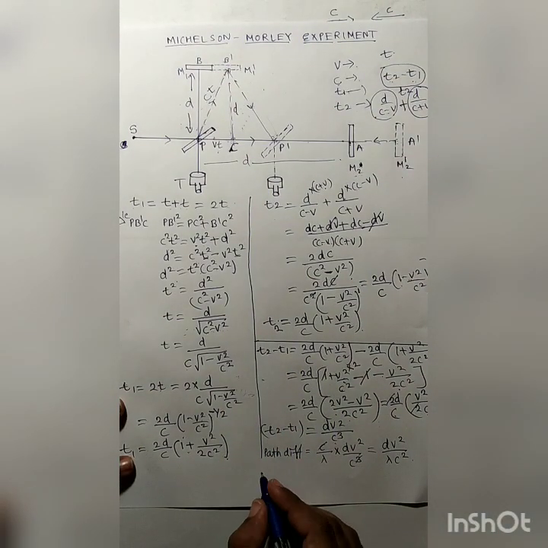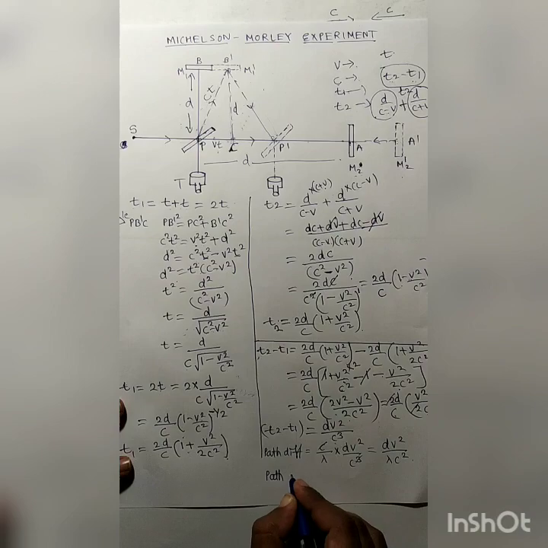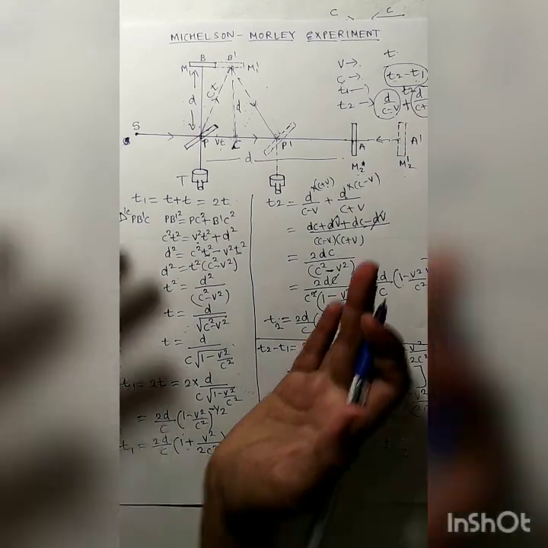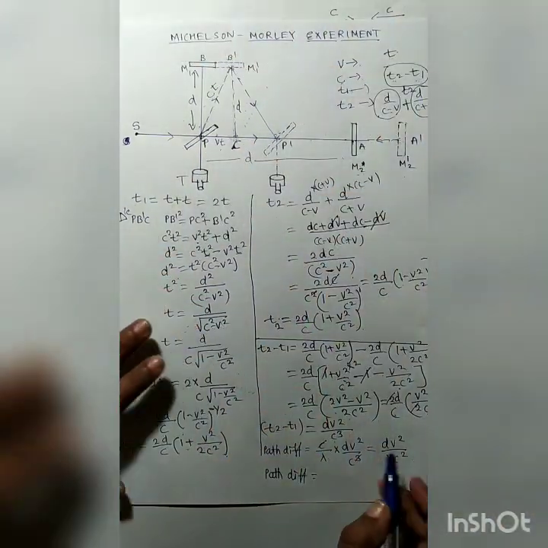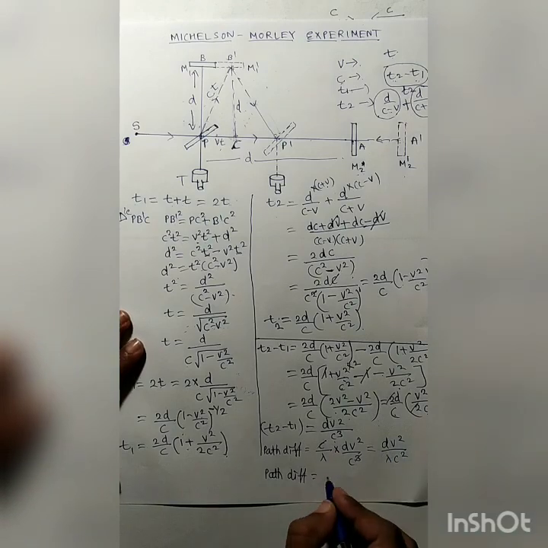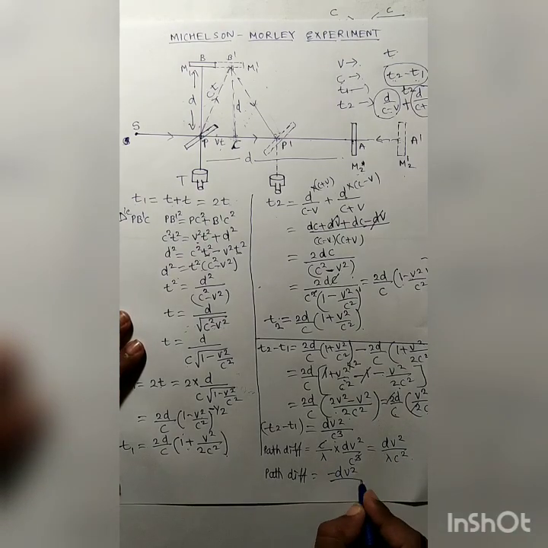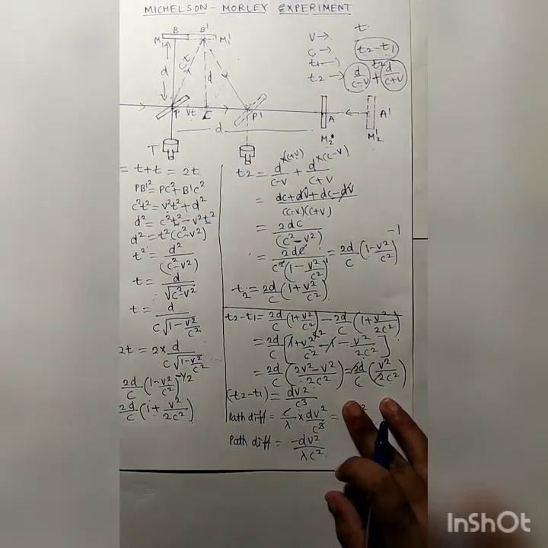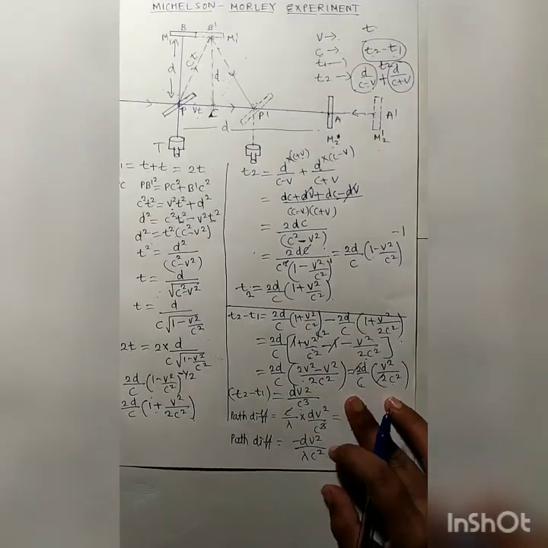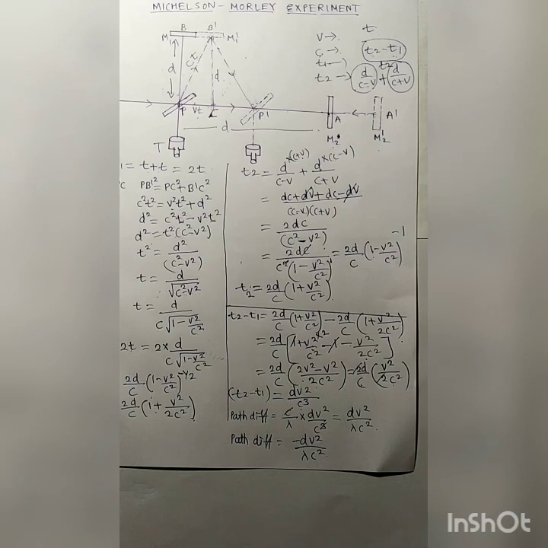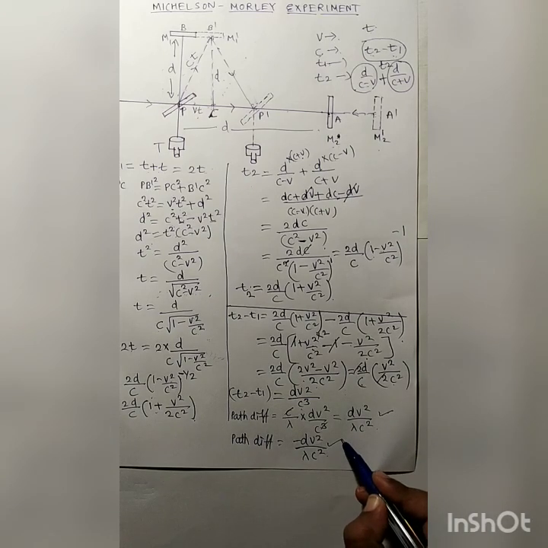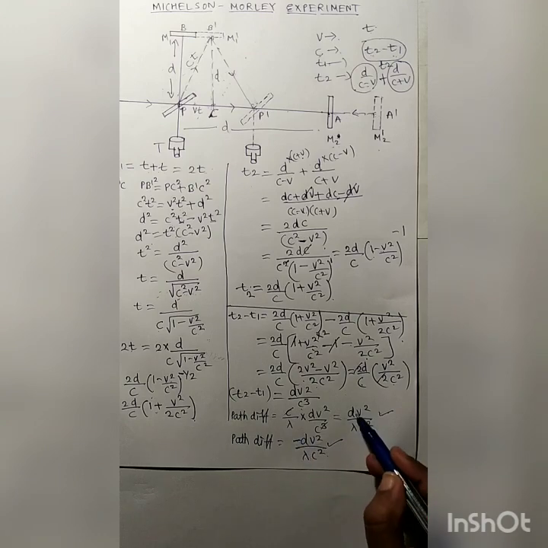That time, as we are changing the direction here, it becomes negative. That is minus d v square divided by lambda into c square. If you observe the path difference, on both sides you got the same value. Only the direction is changing.